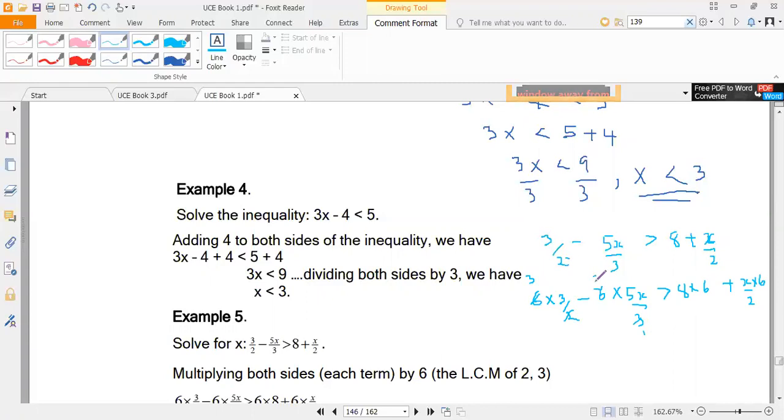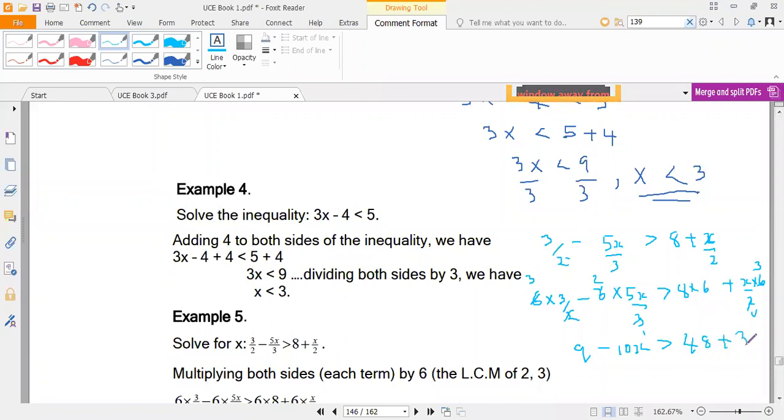Here once, here thrice. So finally, we have 3 times 3, which is 9, minus 10x, being greater than, on the other side, 8 multiplied by 6, which is 48, plus 3x.